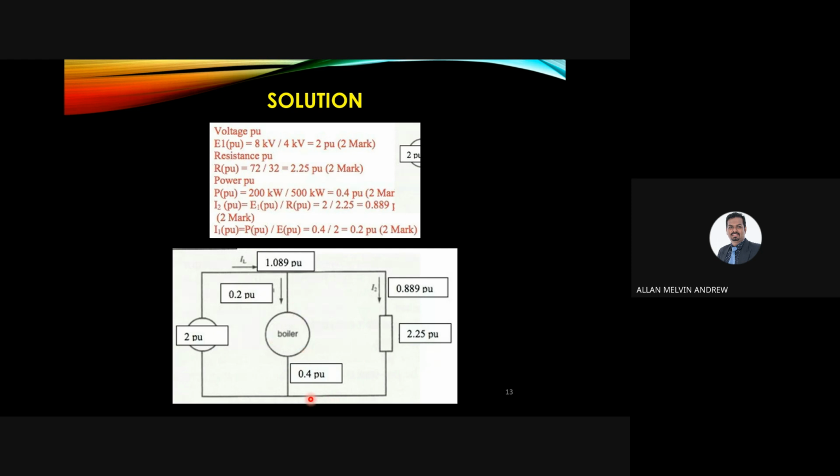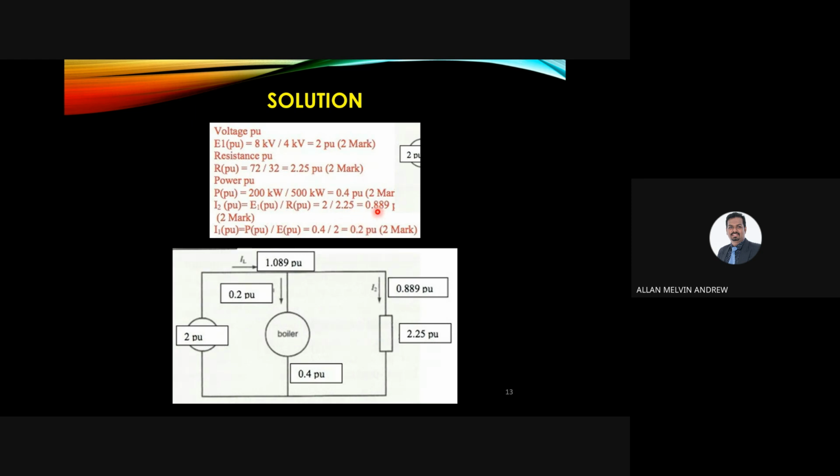Power is 0.4 divided by 2. You're taking it directly because you're calculating the current for this circuit. The formula is P equals VI, so you rearrange, and you get 0.4 divided by 2, which is 0.2 pu.